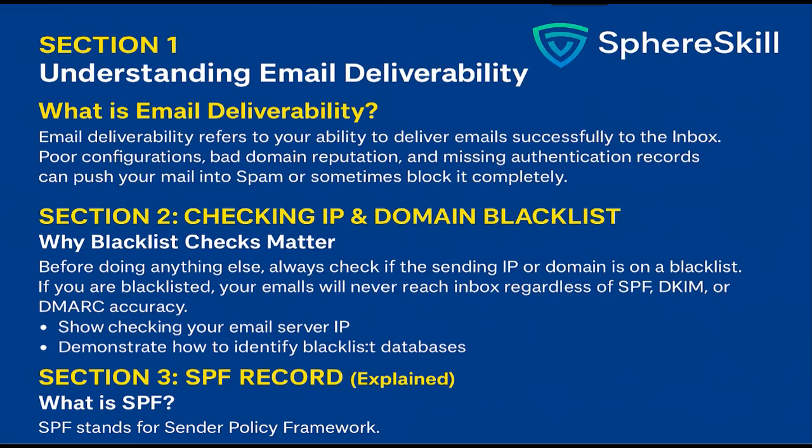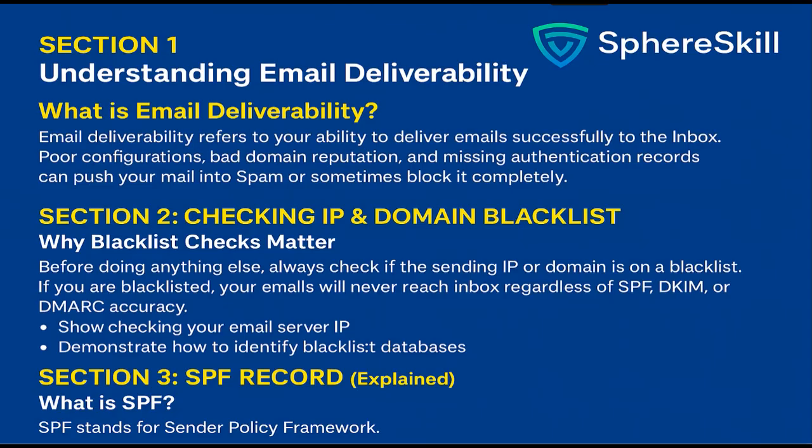In our section 1, we will understand what is email deliverability. We have seen that the ability to deliver the email to your inbox is email deliverability, and how to check whether your IP address or domain address is blacklisted, and if it is blacklisted, how to fix it, and what are the domain deliverability related issues and how to fix them, and what is an SPF record.